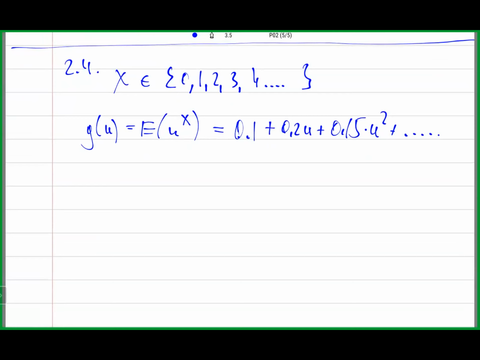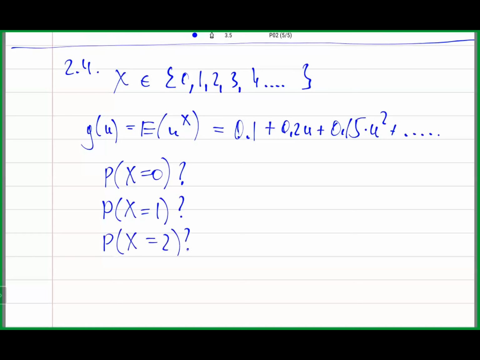So let's first solve a very simple problem to get this idea that we pack infinitely many probabilities into one function. My question is, what is the probability that X is equal to 0? What is the probability that X is equal to 1? What is the probability that X is equal to 2? What can you say about the probability that X is equal to 3? Maybe some range.